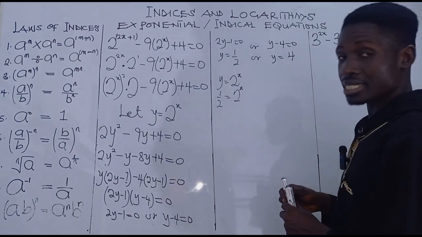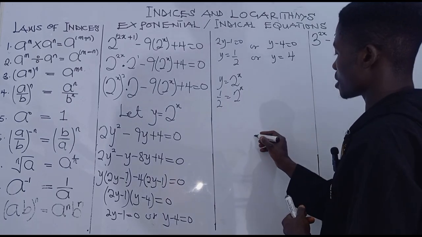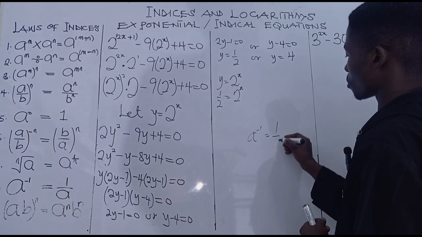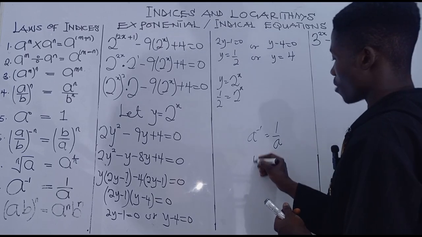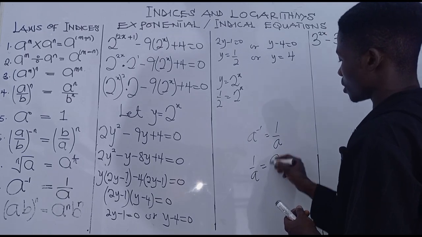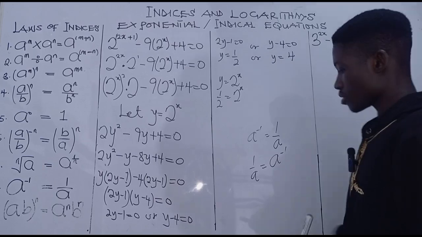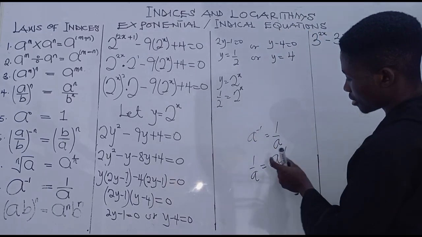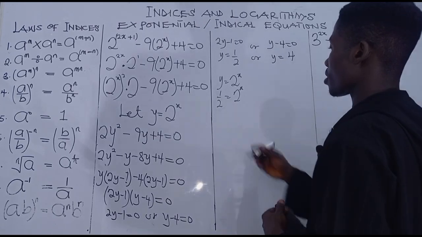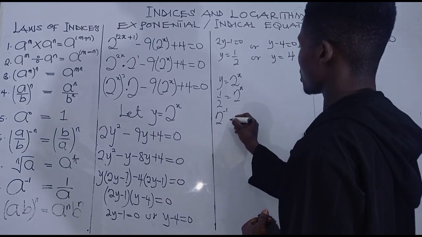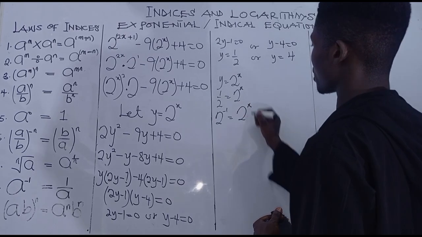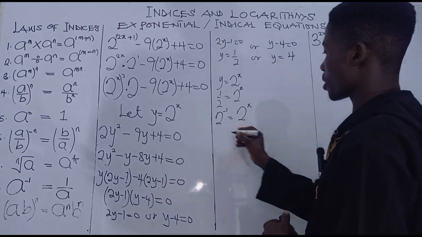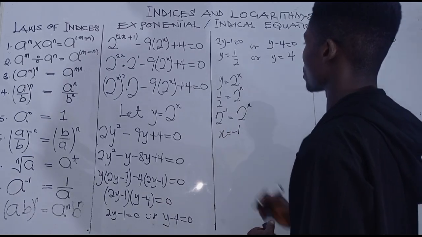And applying this negative index property, which says that when you have a raised to the power negative 1, you can write it as 1 over a. Or when you have 1 over a, you can write it as a raised to the power negative 1. So we are going to apply this property to write this as that. So we shall have 2 raised to the power negative 1 is equal to 2 raised to the power x. Now once the bases are the same, we equate their exponents. So we have x is equal to negative 1.